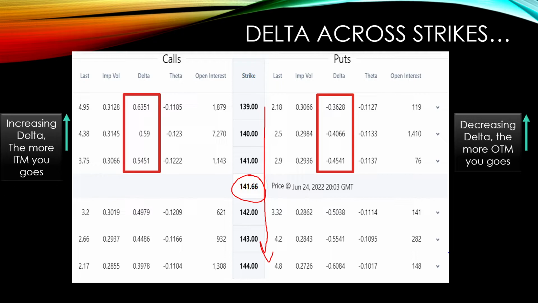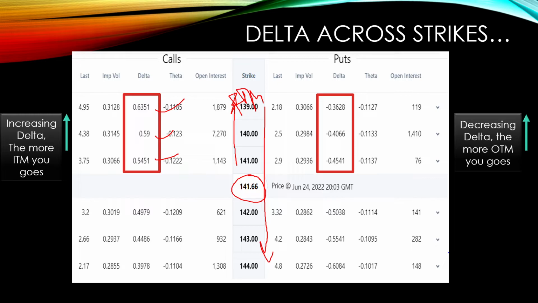The more I go in the money, the delta starts to increase. If you look at 0.50, 0.59, 0.63, the more I go in the money, the delta will increase.